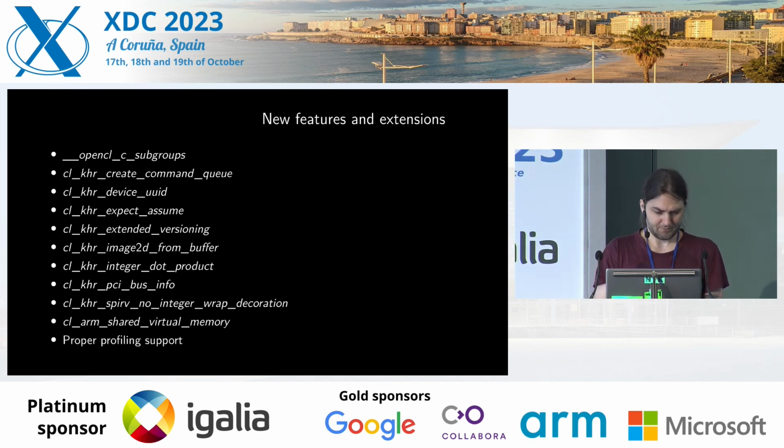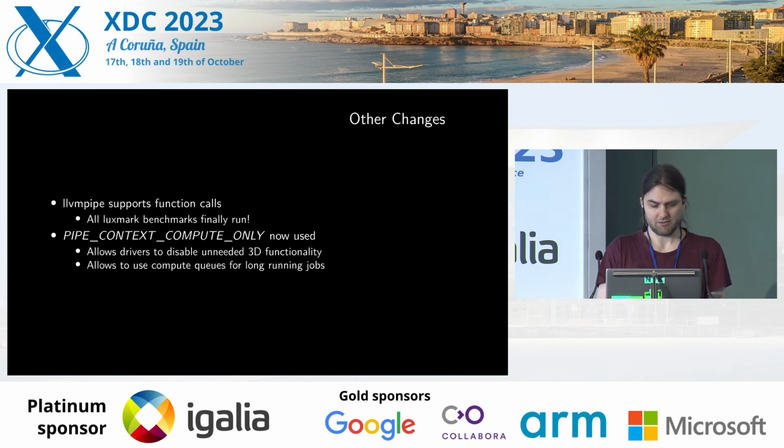And there is now proper profiling support, which was contributed by the community as well. That's also really great to see. Most of the extensions are pretty small and usually just provide some information or allow some SPIR-V related extensions to be used.